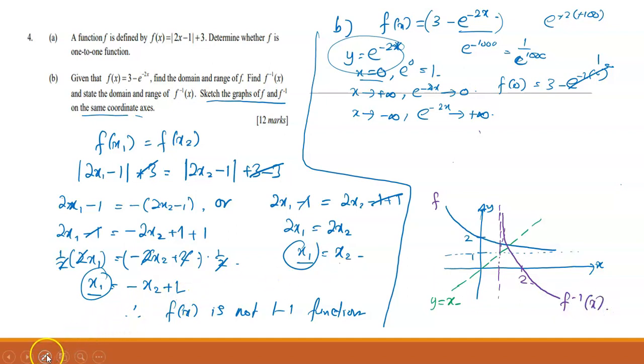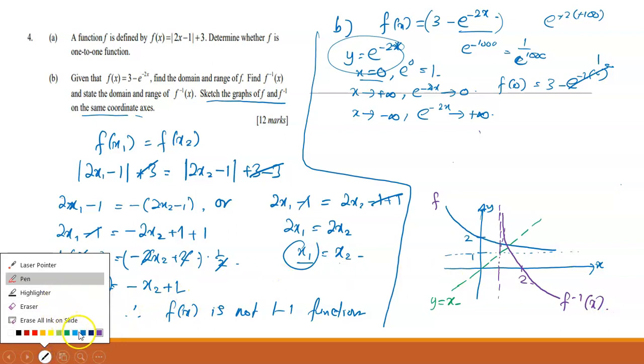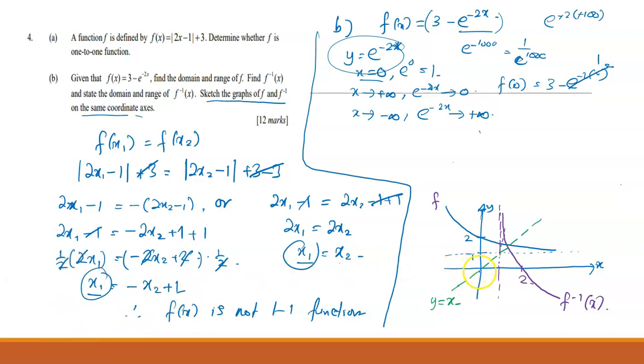So now class, according to, might be from the calculation or from this picture of graph, find the domain and range of f. What is the domain of f and the range of f? So the domain of this function, you can see clearly here, is all real numbers from negative to positive infinity.